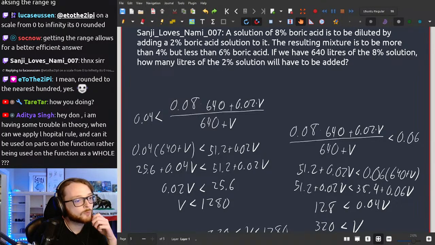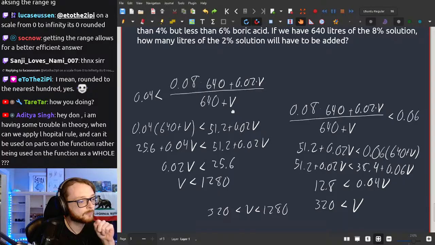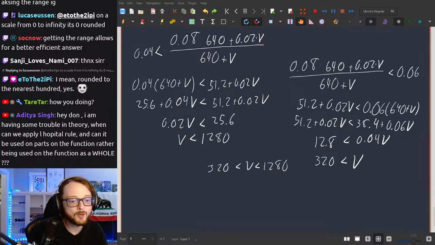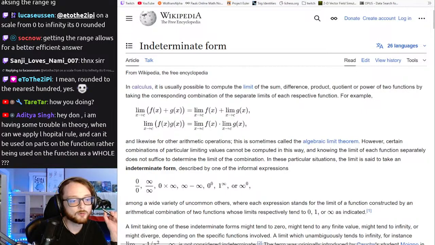Okay, so I still need to catch up with what Lucas was saying earlier. Let me quickly answer Aditya's question, because I think that'll be a quicker one. You're allowed to use L'Hopital's rule anytime you have an indeterminate form, which are these listed here on the Wikipedia page.